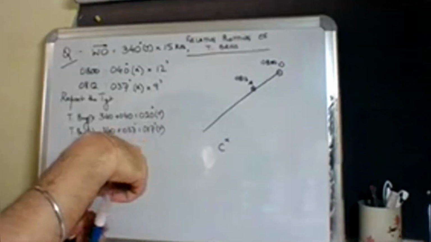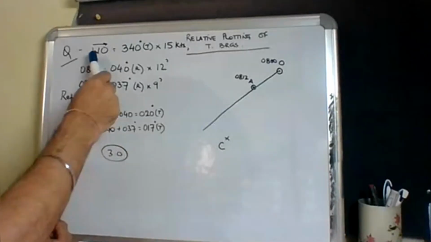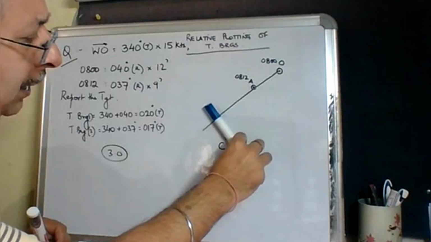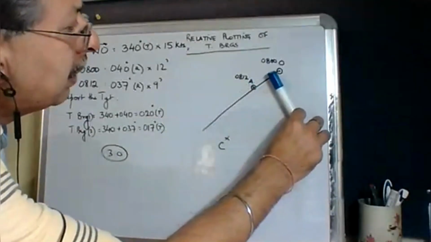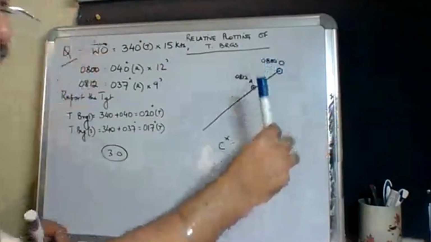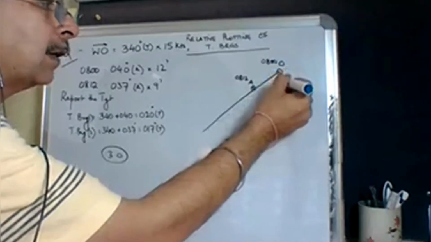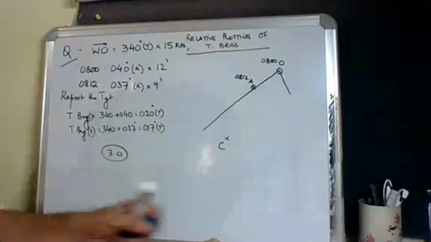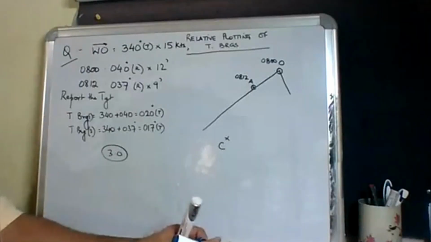And now W to O should be 340. So put your roller ruler through Charlie at 340 and transfer it very carefully through O and draw a reverse line. W to O should be 340.